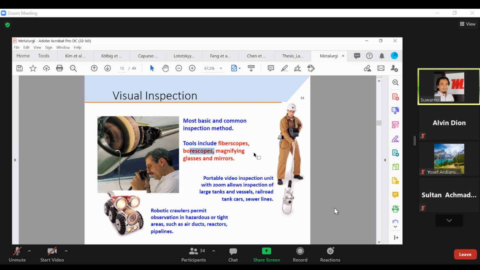There are gas engines that you should look inside, and it's very costly if you have to open them. It's not possible to open it because of the timing or the cost. So what you do is insert a borescope, this kind of fiber optic device with a camera head, and then you do the inspection.